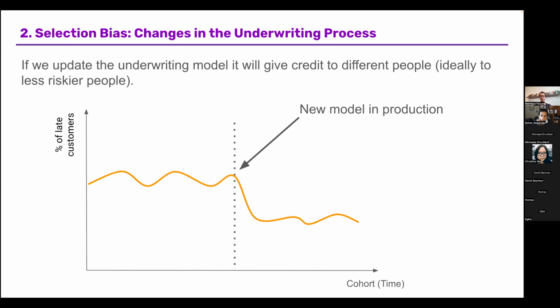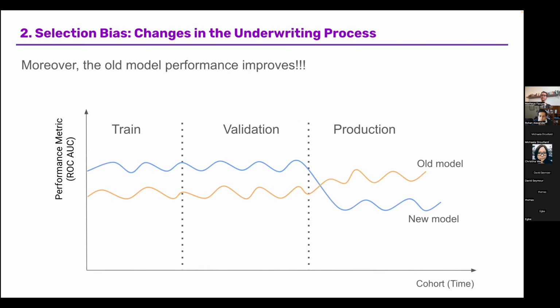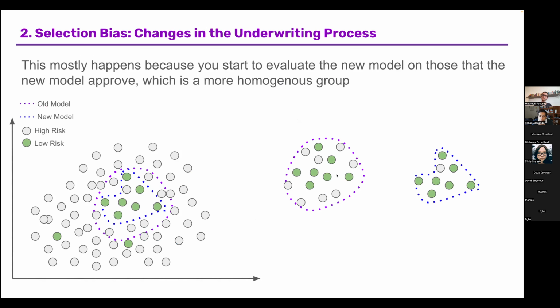It has fewer and fewer people classified as ones. Ideally, if we're getting better and better at separating high-risk and low-risk people, we want the risk over time to decrease. And essentially, as you transition from one model to another, the data set becomes more and more unbalanced.